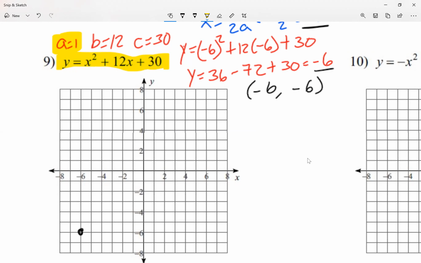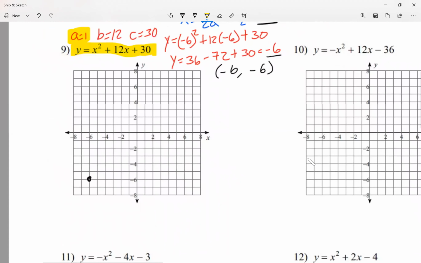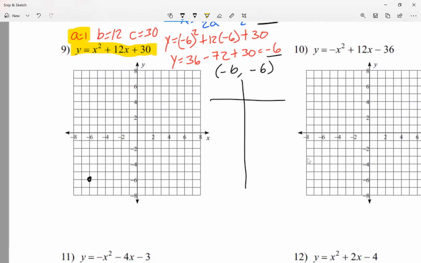Okay, now we're going to be able to find a few other points. Because my vertex, my x value is negative 6, let me make a chart. I'm going to make a chart of x and y values. And I'm going to put my negative 6 for x in the center. Let me choose 2 values before that.